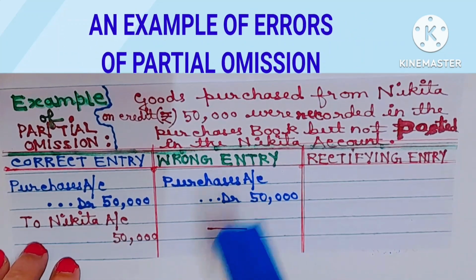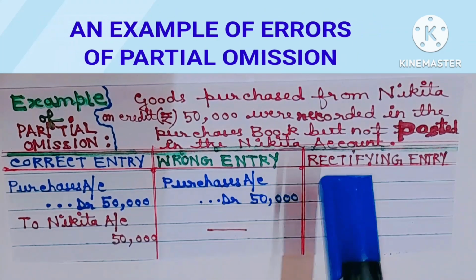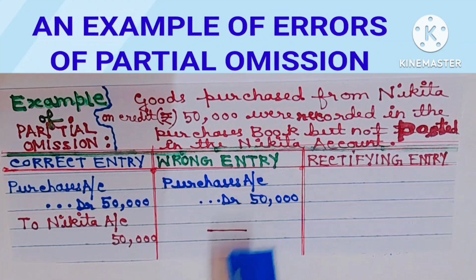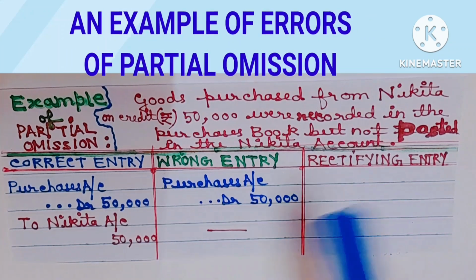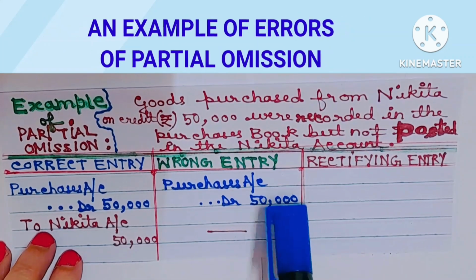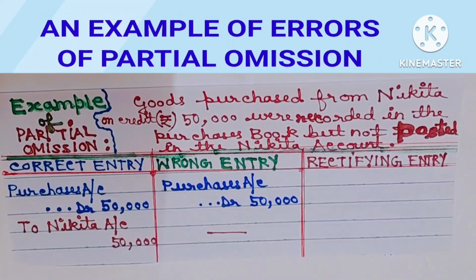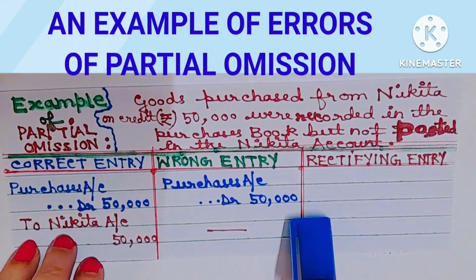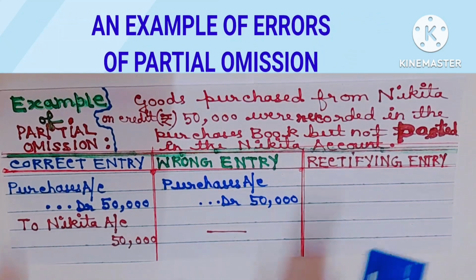Since the trial balance has not been prepared, we cannot get suspense account. Understood? So, to rectify a one-sided error in the first stage, we cannot pass any journal entry, because we do not have a suspense account.